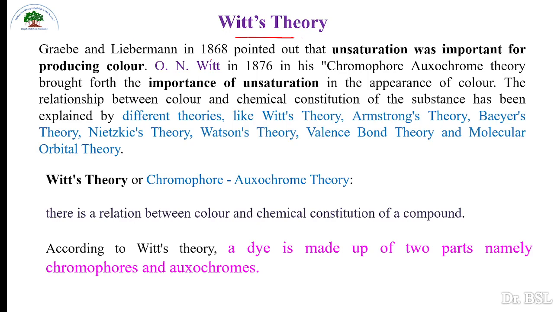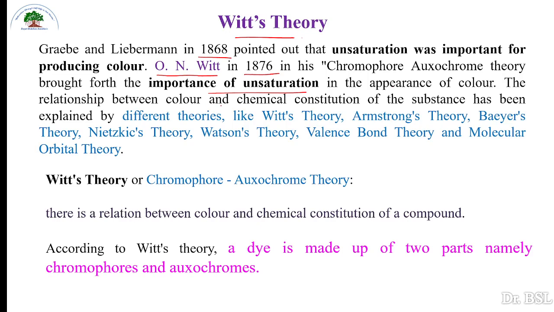Grabe and Lieberman in 1868 pointed out that unsaturation was important for producing color. And Otto Witt in 1876, in his chromophore oxochrome theory, brought forth the importance of unsaturation in the appearance of color.